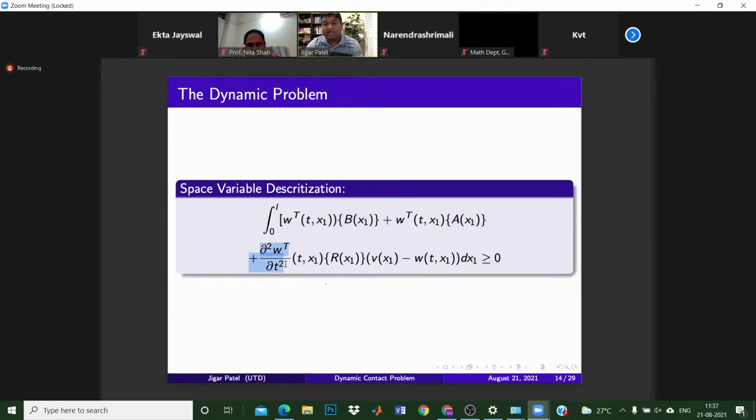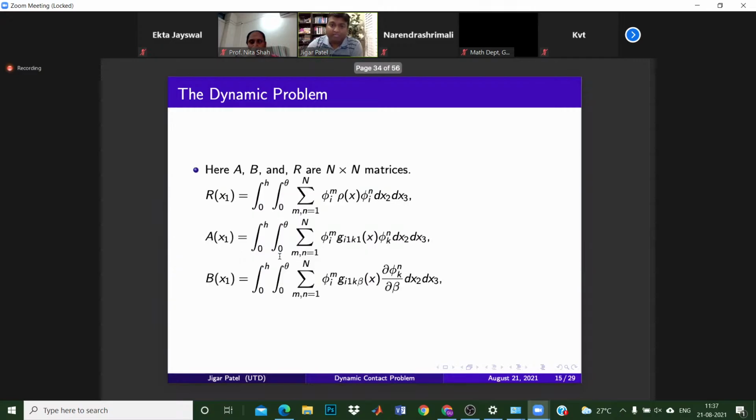There is still a second order partial derivative with respect to time left, coming from that dynamic, inertial force part, right? So this inertial force part also needs to be discretized. And we are going to discretize this using finite difference methods, so second order partial derivatives can be replaced by second order finite differences.